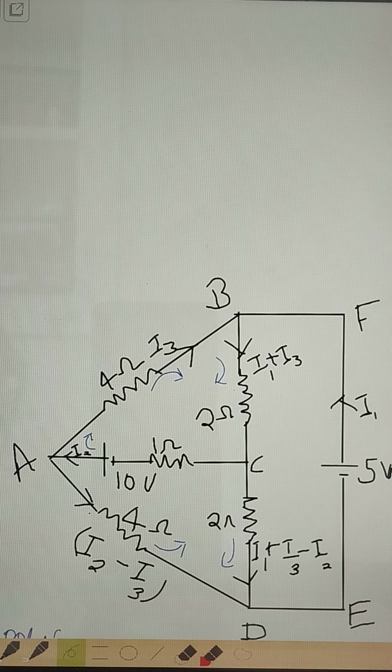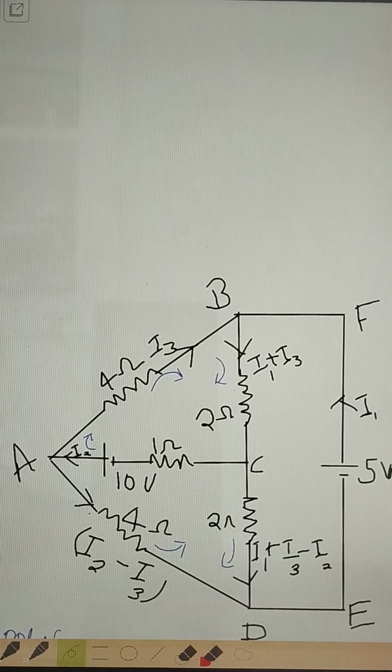Here I2 is flowing this way, and I3, so all flow in the same direction, clockwise. So all these potentials will be taken as positive: 4 into I3 plus 2 into I1 plus I3 plus 1 into I2 is equal to 10 volt.